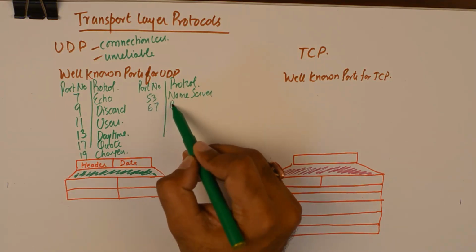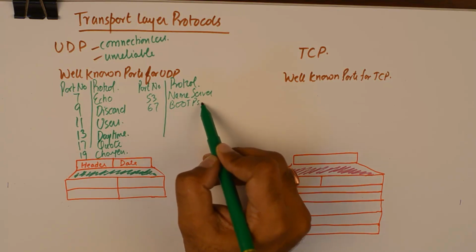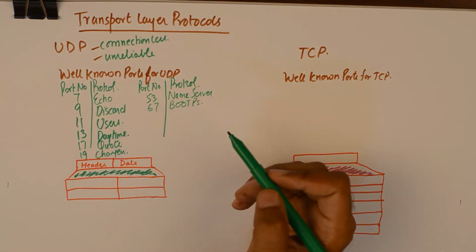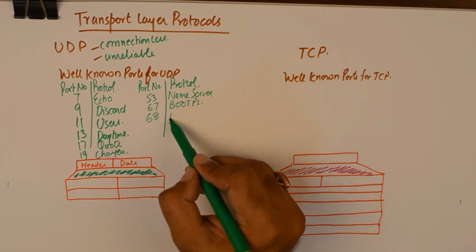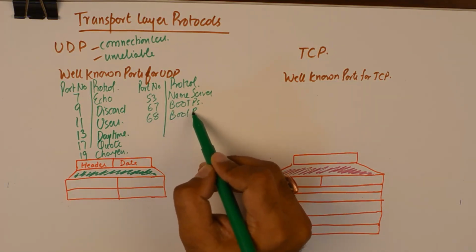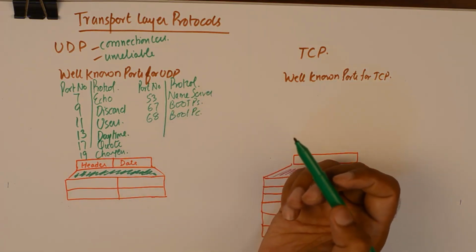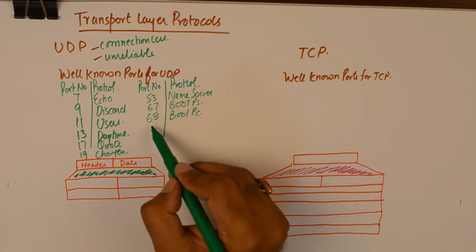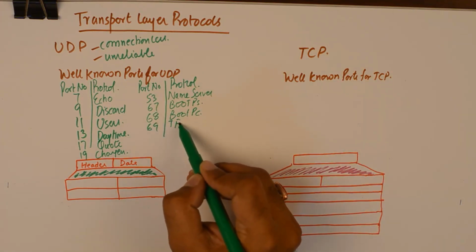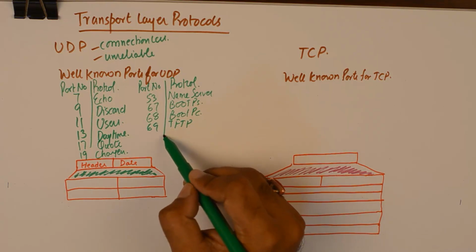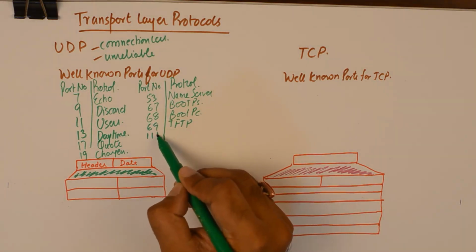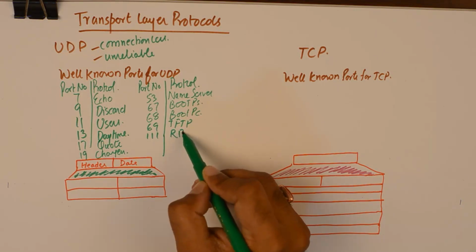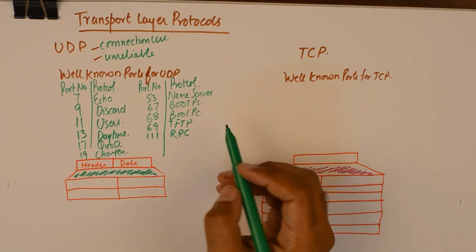67 is BootPS. Server port to download bootstrap information. 68 is BootPC. Client port to download bootstrap information. 69 is pretty famous, TFTP, trivial file transfer protocol. Then we have 111 RPC, which is remote procedure call.